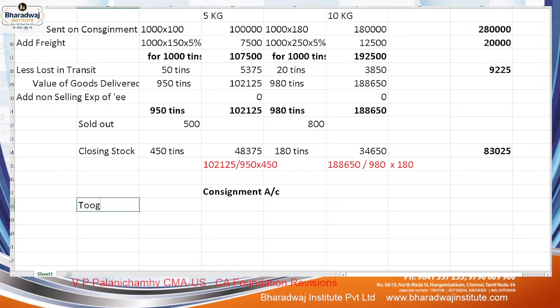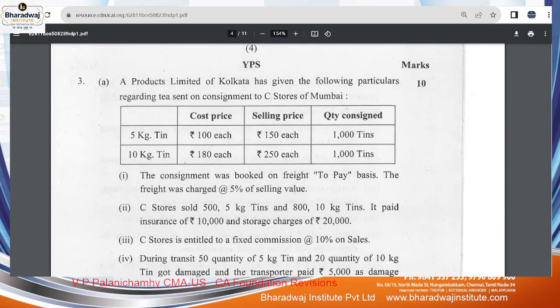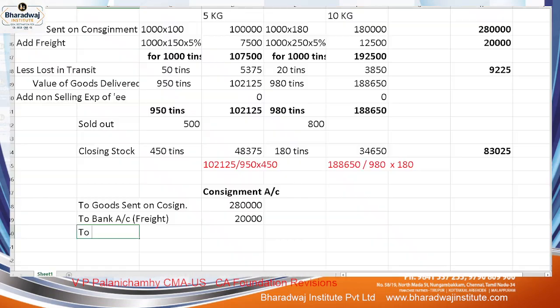In the consignment account, goods sent on consignment. What is the goods sent on consignment total value? 2,80,000. To bank account, the freight 20,000. To consignee account, who's the consignee? What is the name of the consignee? C account.